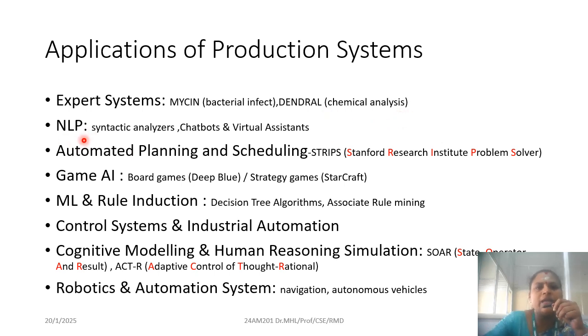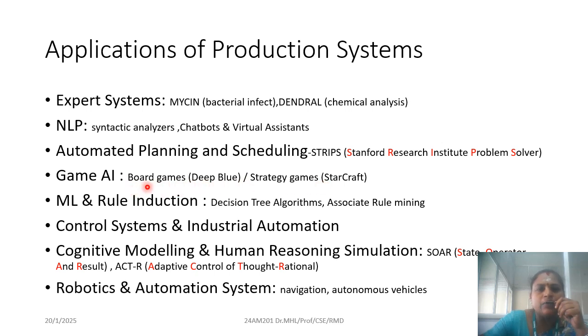In natural language processing, syntactic analysis, chatbots and virtual assistants use production systems. In automated planning and scheduling, one point to be noted is STRIPS, which stands for Stanford Research Institute Problem Solver. Game AI comprises board games and strategy games.